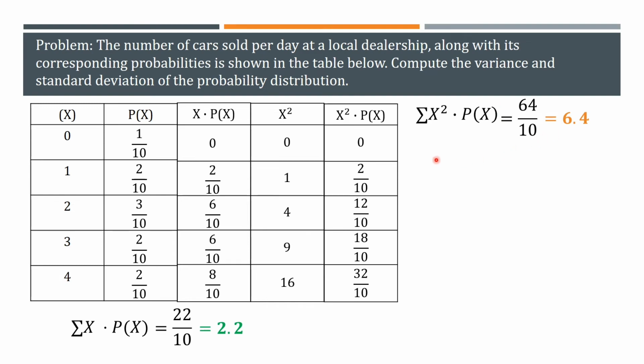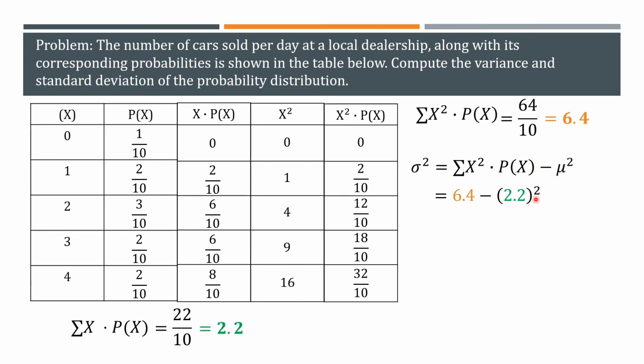Now we can get our variance. The formula of our variance is the summation of x squared times p of x, which is 6.4, minus the mean squared.